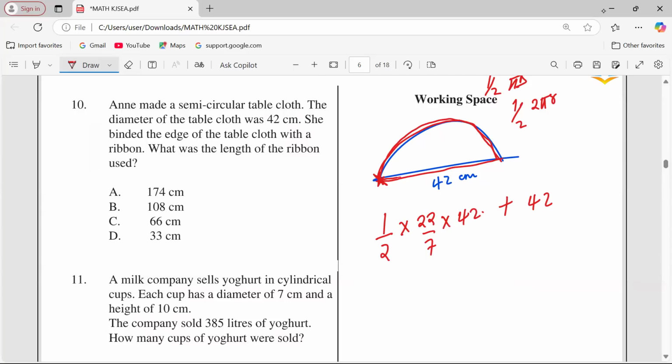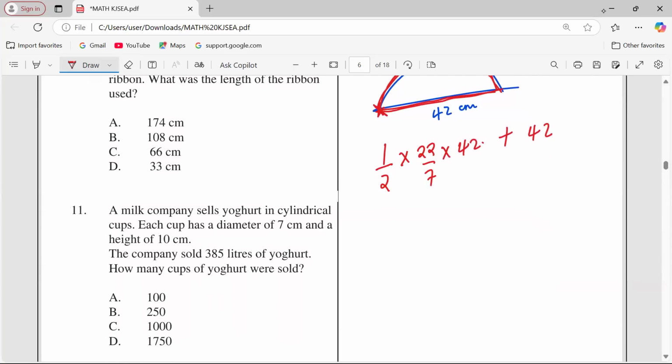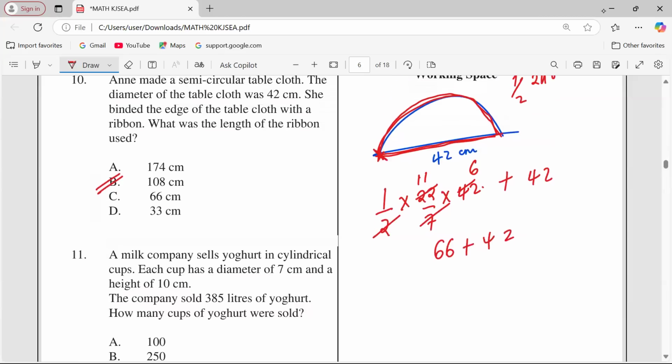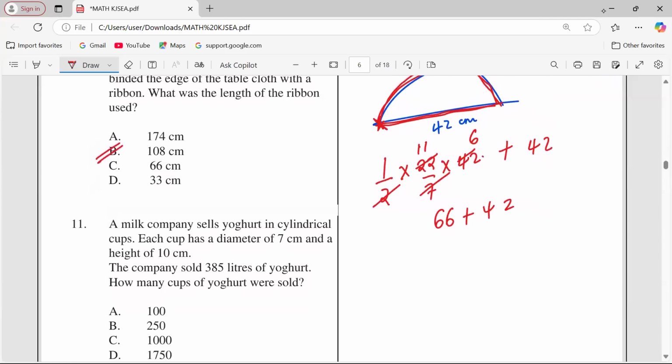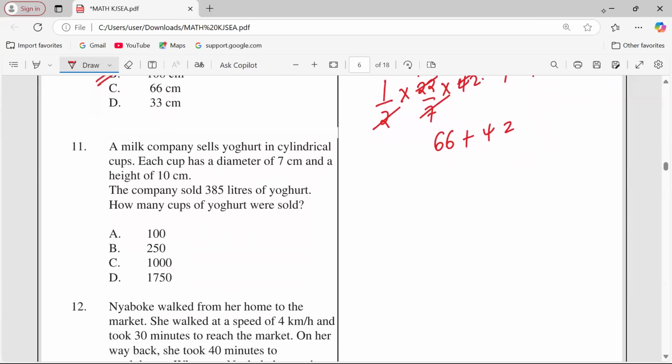Then now we should add the straight line here, which is 42. Therefore, we will have 66 plus 42. When we add this, 66 and 42, we'll get 108. 108, making B our most appropriate choice.